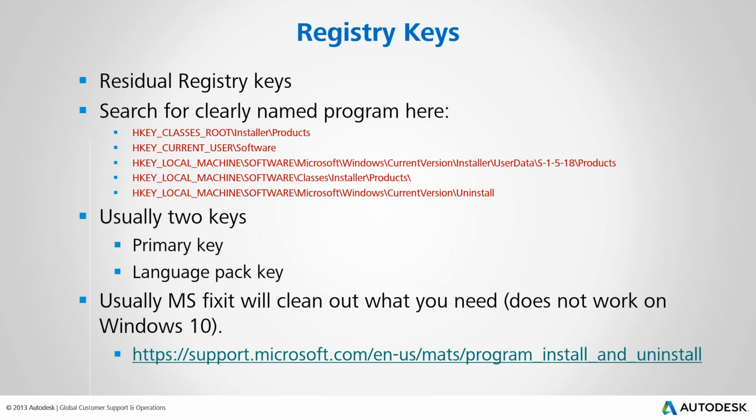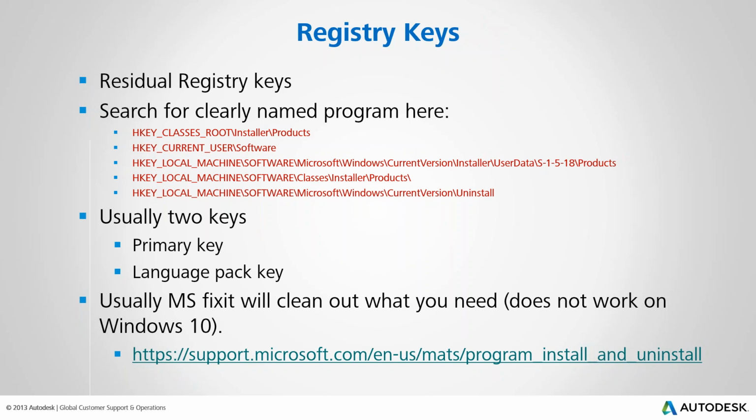Usually if you've cleared the stuff out from HKey classes root /installer /products, that will also remove it from this HKey local machine /software /classes /installer /products. They're kind of linked, but a good idea to search in there also just to make sure that nothing's lingering under that particular key. And then finally, HKey local machine /software /Microsoft /Windows /current version /uninstall.